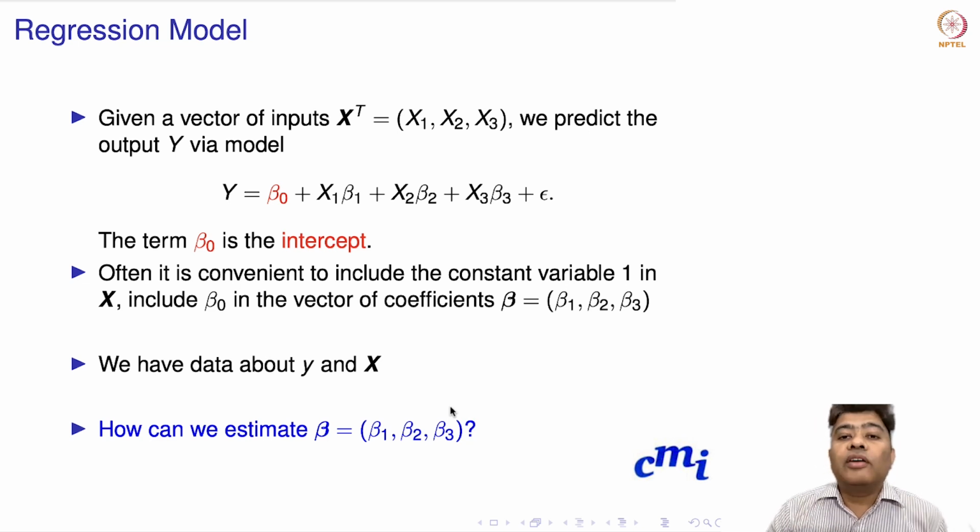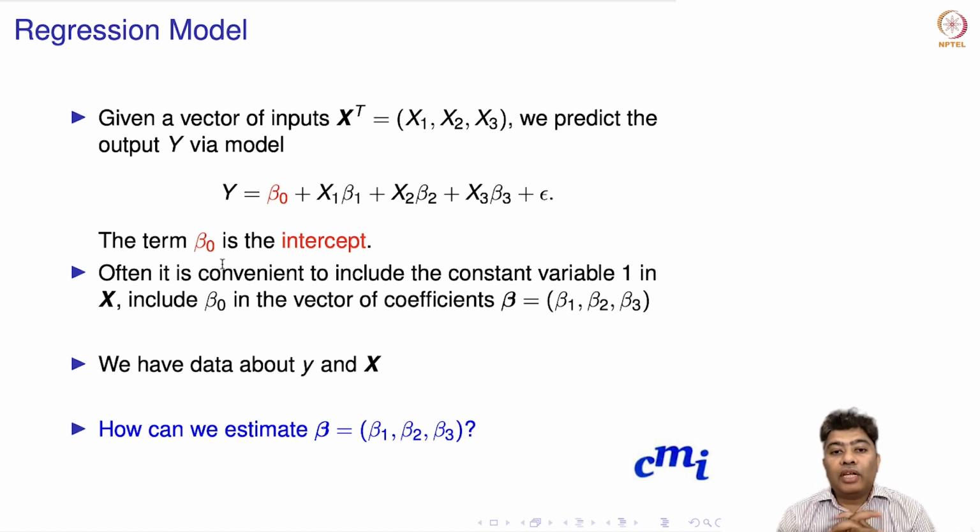So given a vector of inputs x1, x2, x3, now we are putting in some kind of abstraction. We predict the output y. So y equals beta naught plus x1 beta 1 plus x2 beta 2 plus x3 beta 3 plus epsilon. The term beta naught is the intercept.